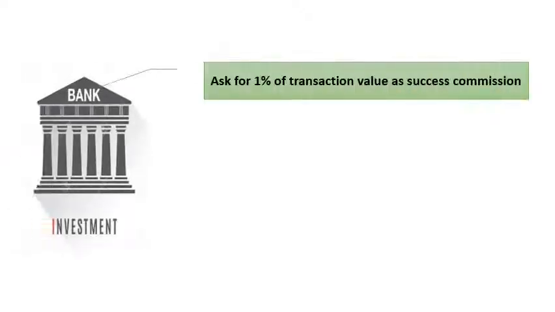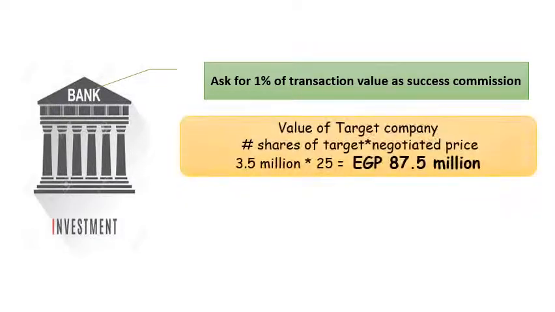Okay, if the investment bank requires 1% of transaction value as success commission, recall that the value of the target company is obtained by multiplying the number of shares outstanding of the target company times the negotiated price, because the shareholders of the target require a merger premium of 2 Egyptian pounds above the market price of 23, so the negotiated price is 25.